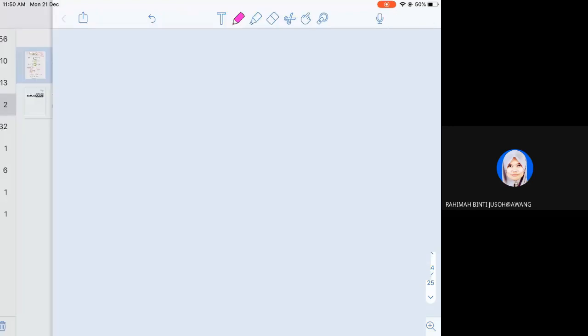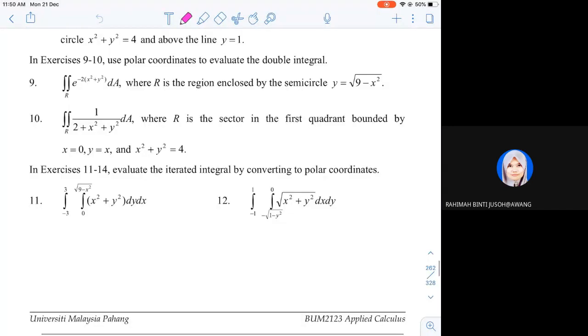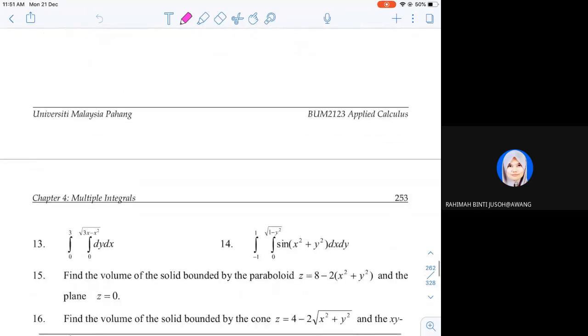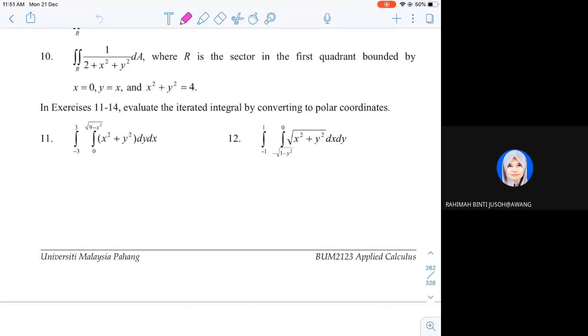Alright, so that's question number 12. So let's do a question like this. For question number 11, let's just sketch the graph. y equals to square root, so we will have this region. The value here is 3, isn't it? Which side is the semicircle, right, left, upper part or lower part?